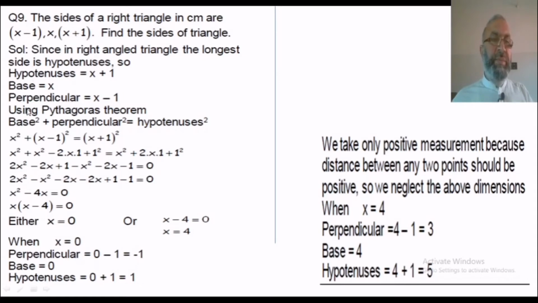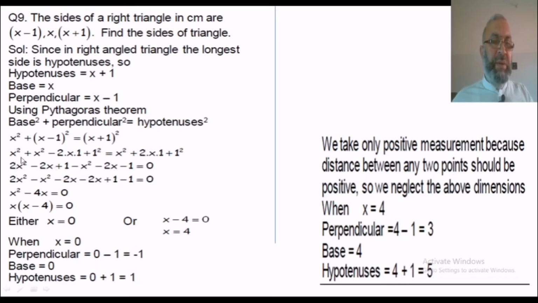Now using Pythagoras theorem, base square x square plus perpendicular square (x minus 1) square is equal to hypotenuse square (x plus 1) square. Simplifying the brackets of this expression, we get x square plus, square of this one, (a minus b) whole square, x square minus 2 into x into 1 plus 1 square is equal to, on the right hand side, x square plus 2 into x into 1 plus 1 square.